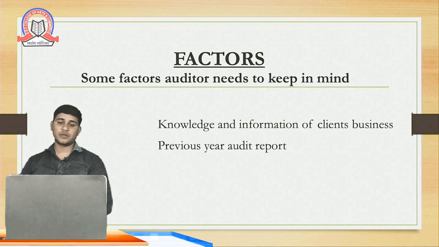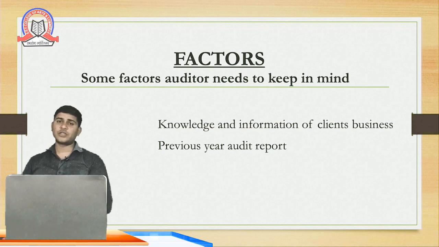Some factors the auditor needs to keep in mind while planning. First, knowledge and information of client business. He must know which nature of business is conducted by the client, whether legal or illegal, and any prohibitions. Everything should be considered.